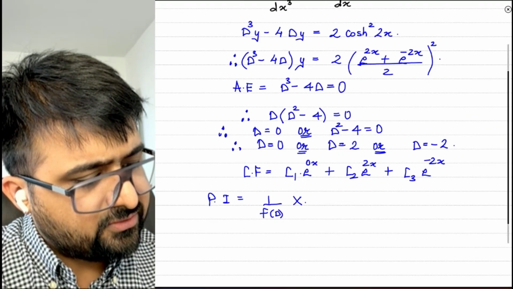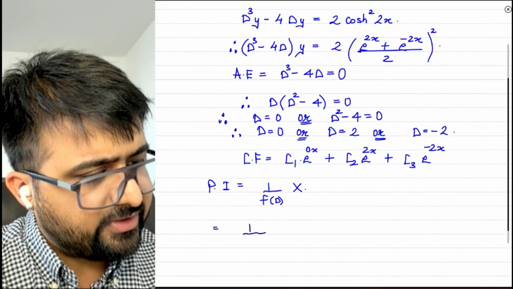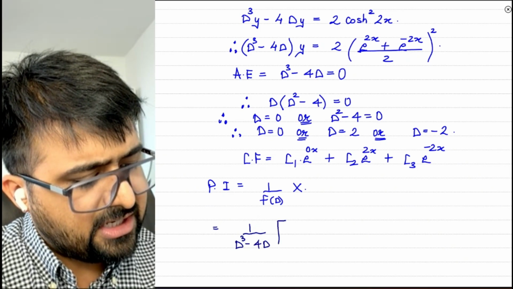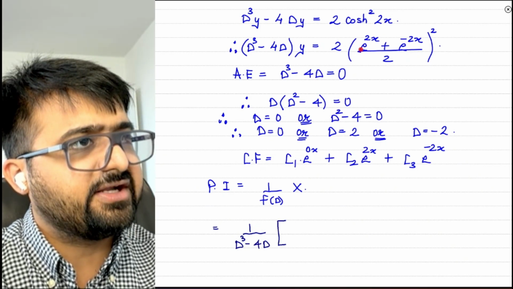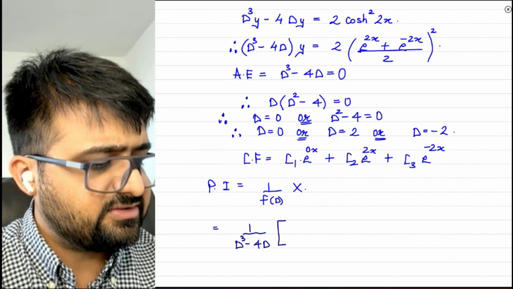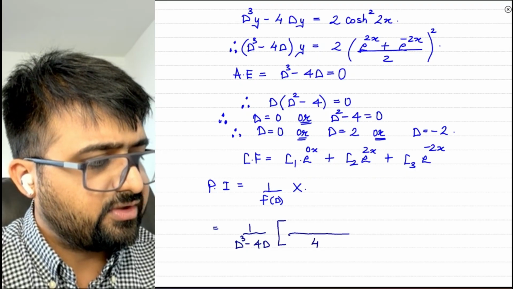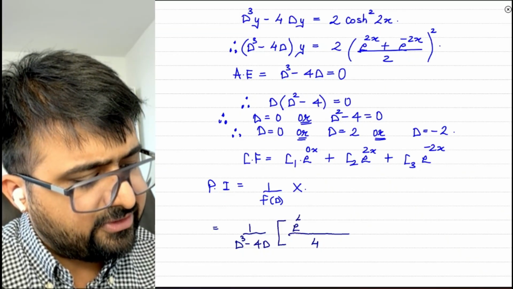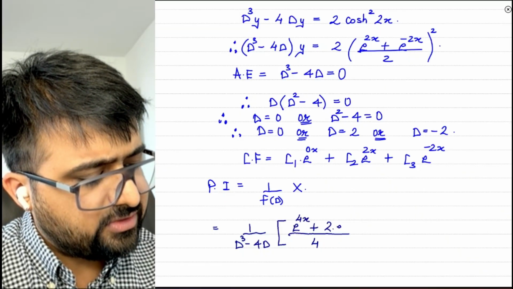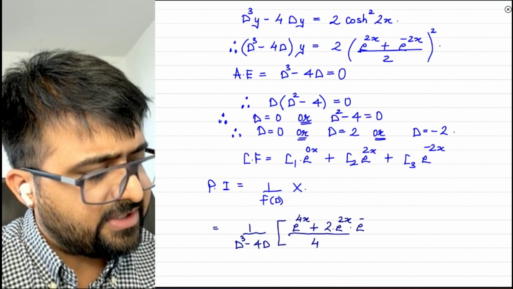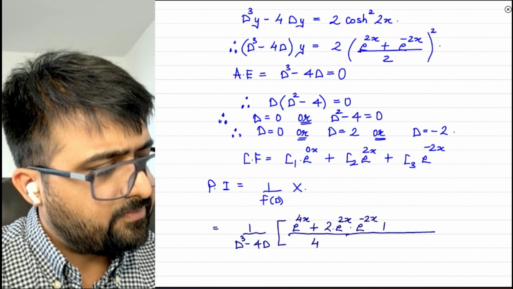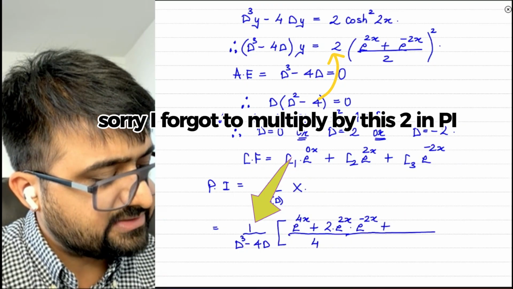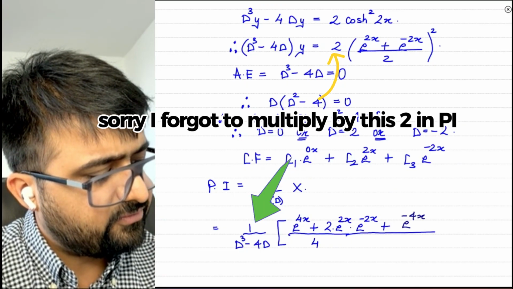So we have PI is equal to 1 upon F(D), which is D cube minus 4D, of our X, which is this part right here. We can actually expand this square, so the denominator will become 4, and the numerator is just (a plus b) the whole square, so that is going to become e to the power 4x plus 2 e to the power 2x into e to the power minus 2x plus e to the power minus 4x.